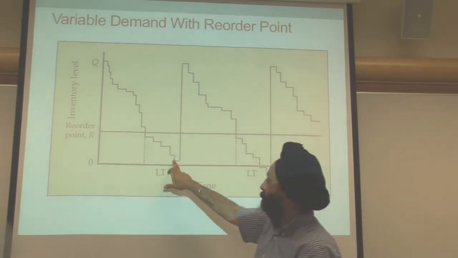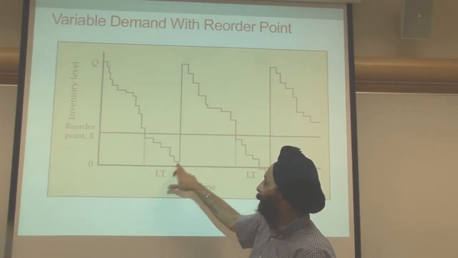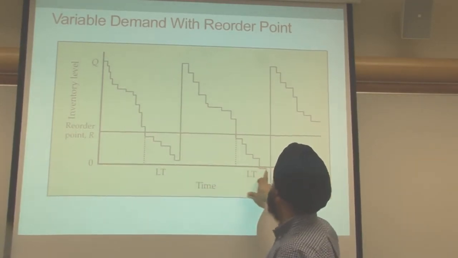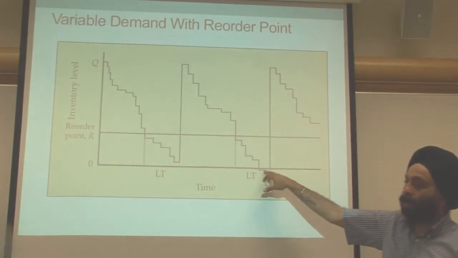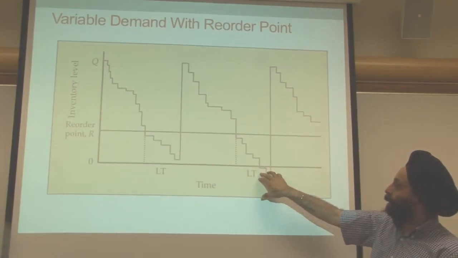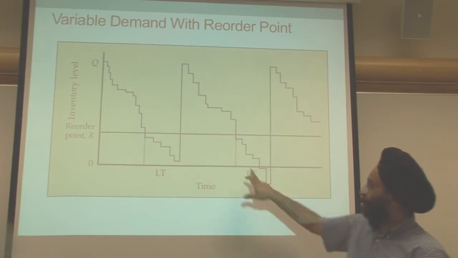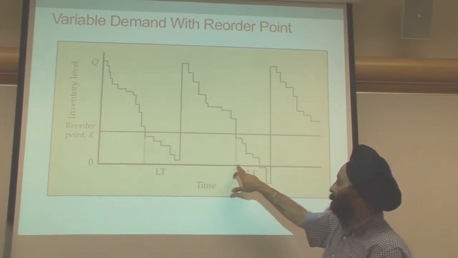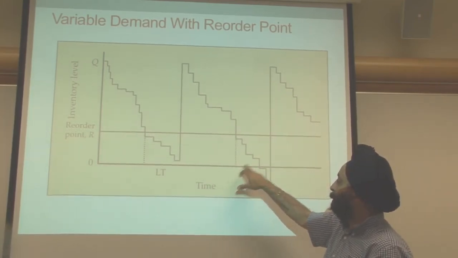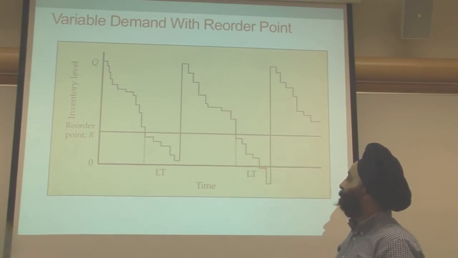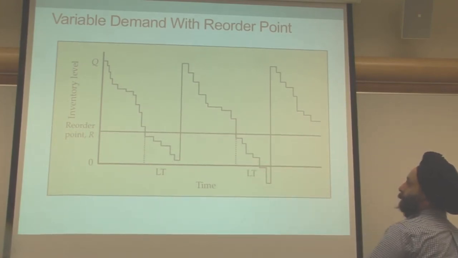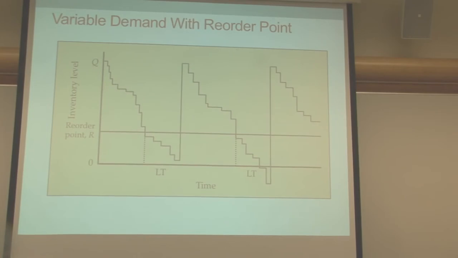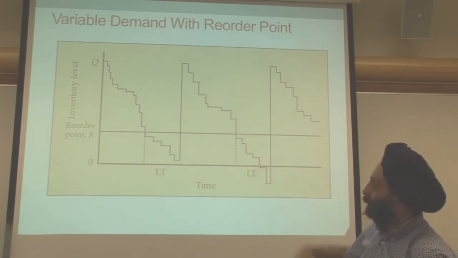Sometimes you may still be left with inventory while a new order is coming in, while sometimes you may run the risk of a shortage occurring, in case your product doesn't arrive by the time the inventory is completely depleted.